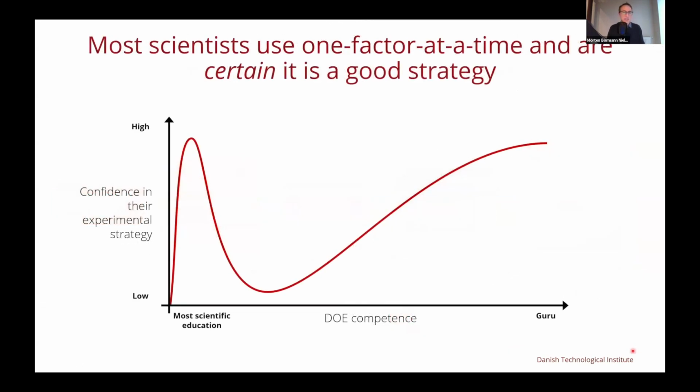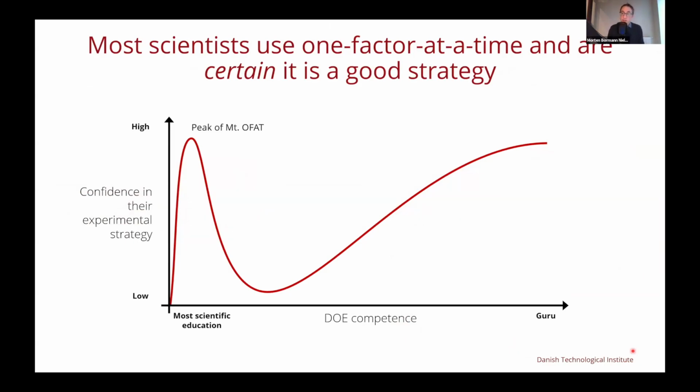Furthermore, if your colleagues are like my colleagues and like I was before I met DOE, you will probably have colleagues who are very certain that one factor at a time is a good way of conducting experiments. Because in most scientific education, you are not taught statistical experimental design, and you're certainly not taught Bayesian optimization because it's a much newer approach.